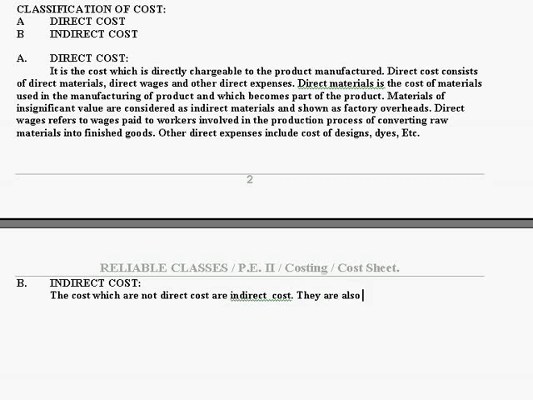They are also known as overheads or on cost.